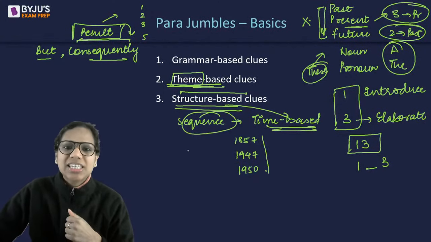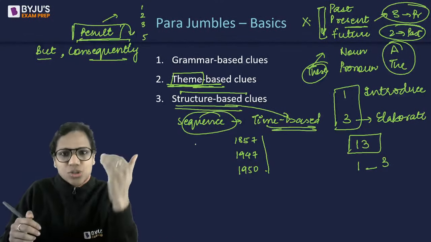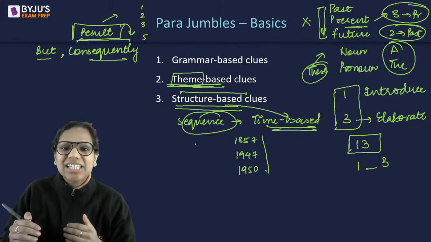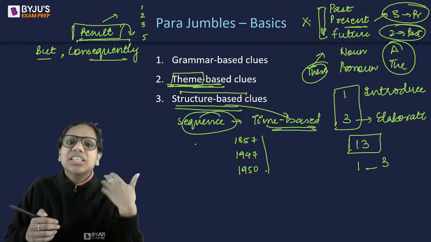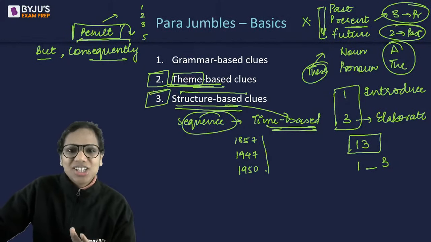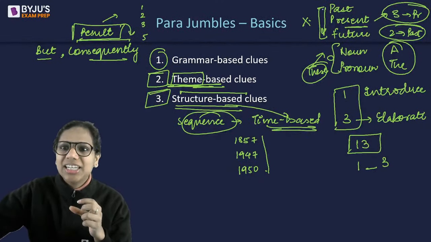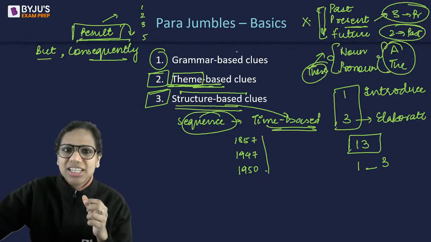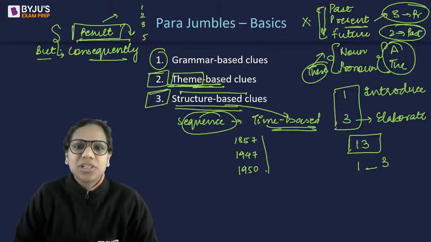Processes which say first do this, then do that, that's also a structure based sequence. Sometimes you have an introduction, problem, conclusion kind of a paragraph, that's a structure. So identifying what the paragraph is about, how the author has arranged his or her thoughts, and what connecting links have been used, together help you to solve a parajumble question.